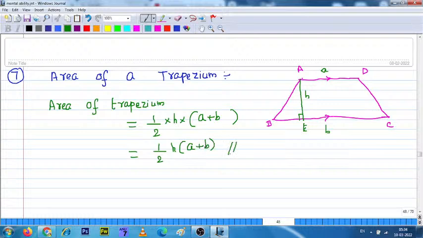So this is the formula to find the area of a trapezium, right? I hope it's very clear to you.